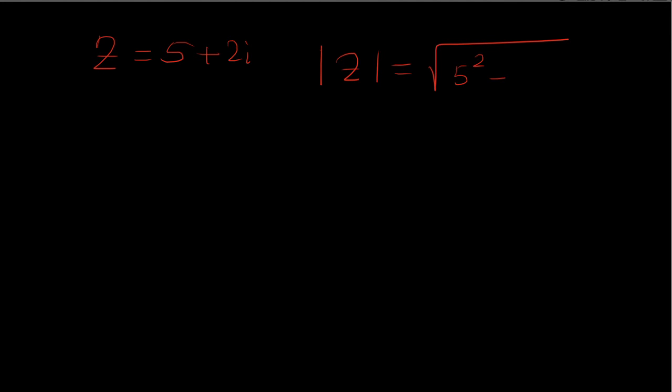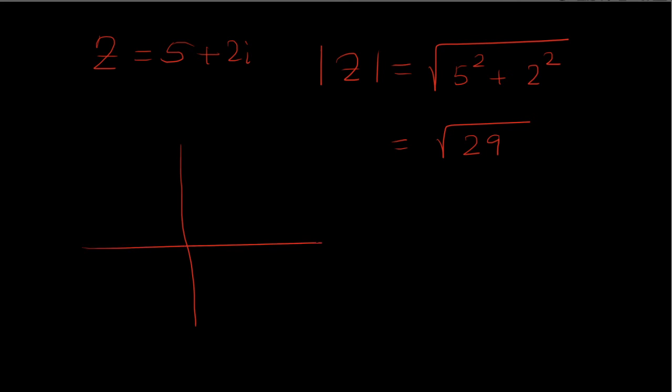Okay, let's look at a more challenging problem. Let's say we're given z is equal to 5 plus 2i. The modulus will be the square root of real squared plus imaginary squared, and so that will just be the square root of 29.